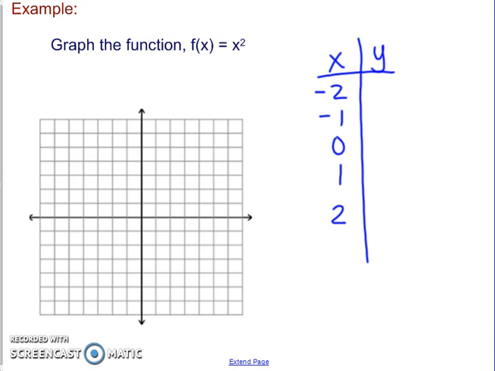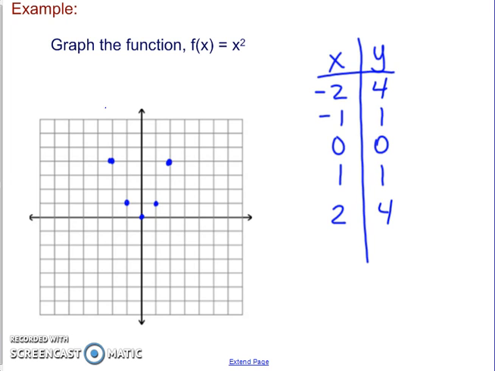If I plug -2 in for x, -2 squared gives me 4, and that's my y. -1 squared gives me 1. 0 squared is 0. 1 squared is 1. 2 squared is 4. So if we go to graph this, I have -2, 4. I have -1, 1. 0, 0, 1, 1, and 2, 4.